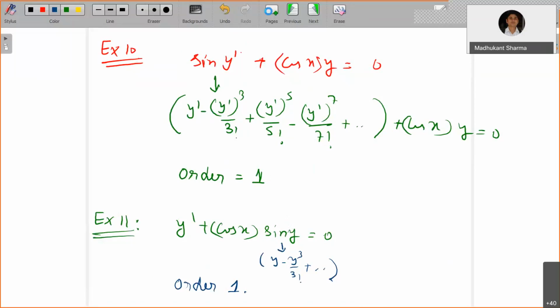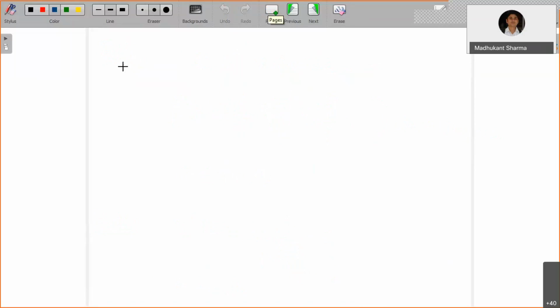Now the second observation, which is very important, is known as the degree of ODE. That's also very important. The statement will be almost the same only.